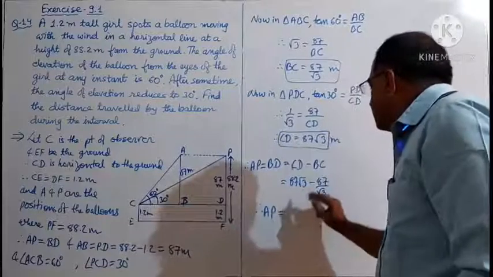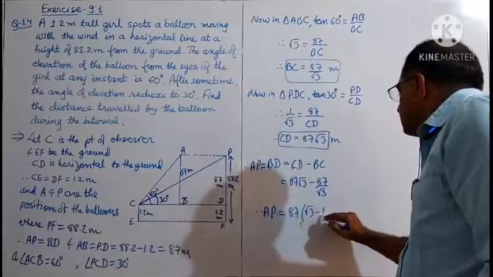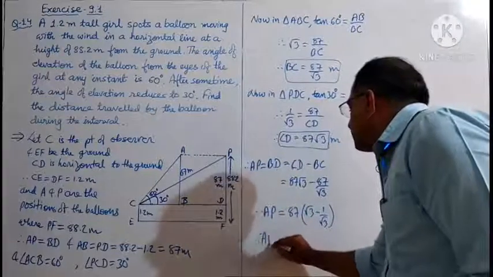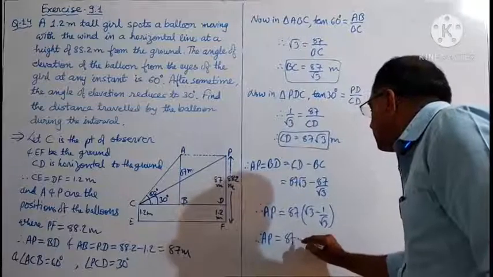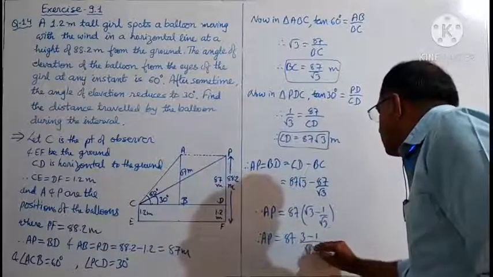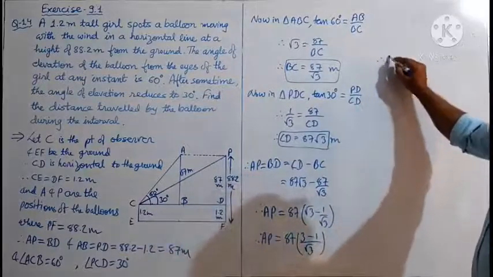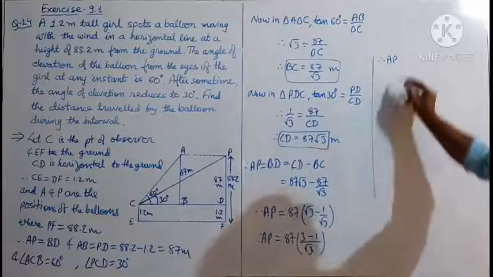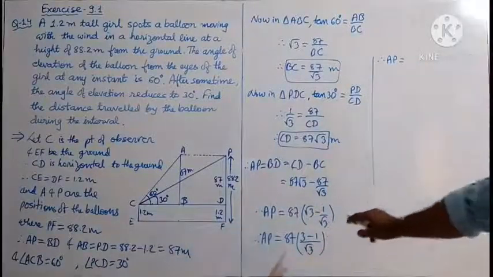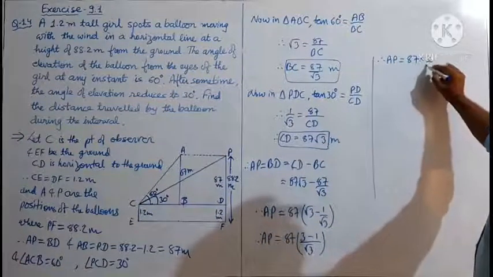Therefore AP is equal to 87 common, root 3 minus 1 by root 3. So taking LCM, we get AP is equal to 87 into 3 minus 1 divided by root 3, and thus AP is equal to 87 multiplied by 2 by root 3.